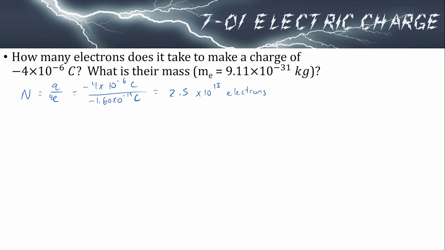But what's their mass? So the mass is going to be the 2.5 times 10 to the 13 electrons times the mass of one electron, and we put that in the calculator.